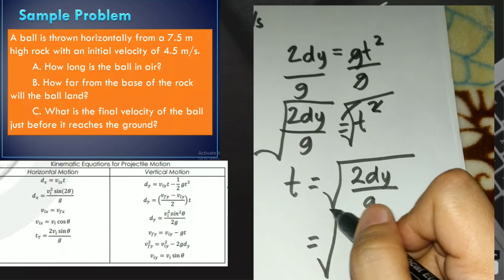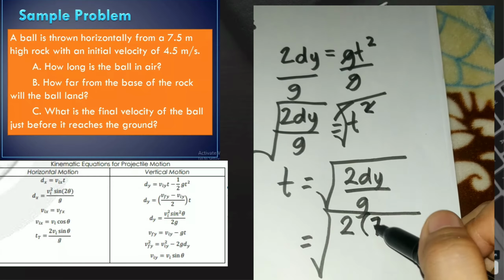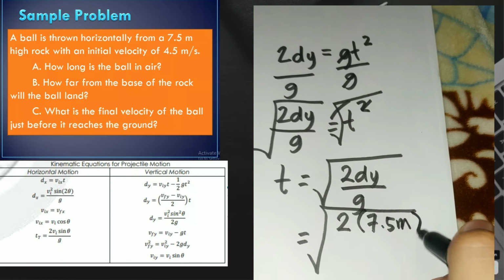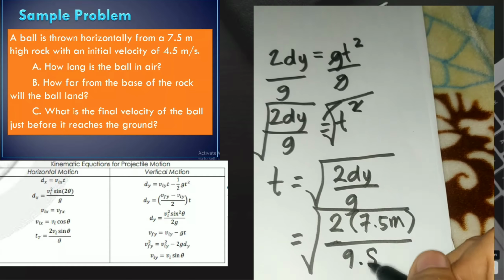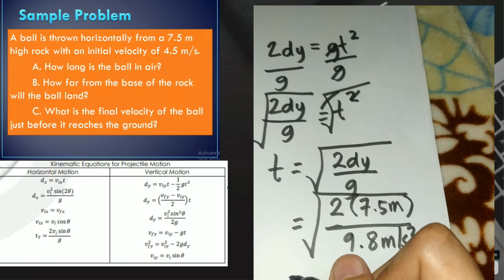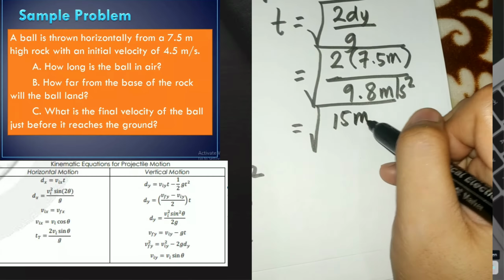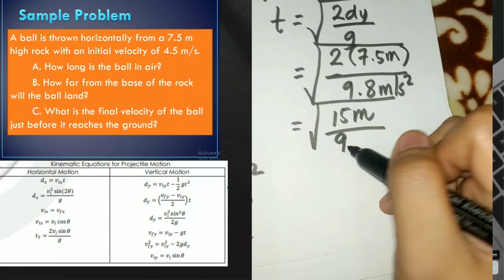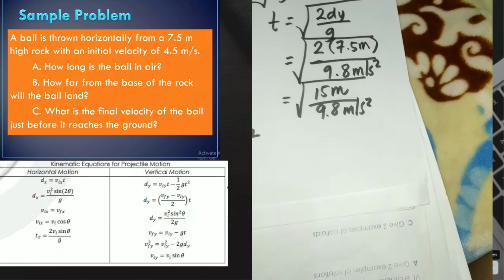Next, substitute the given to your formula. So 2, your height is 7.5 meters, and your acceleration due to gravity is 9.8 meters per second squared. 2 times 7.5 is 15 meters divided by 9.8 meters per second squared.